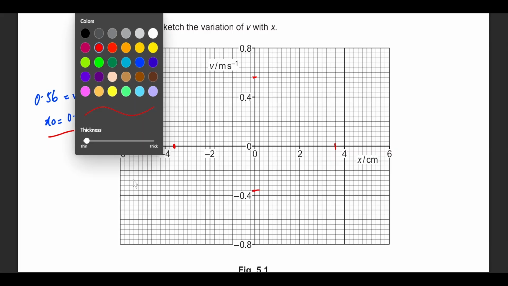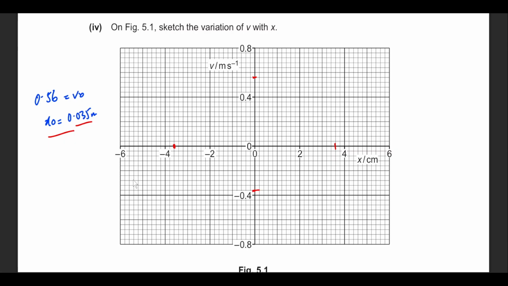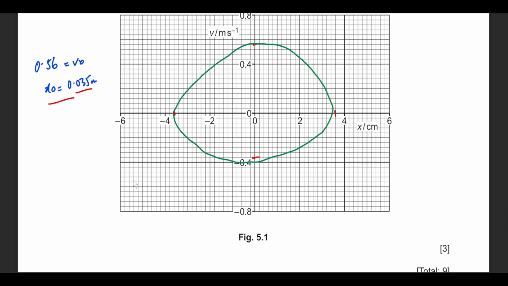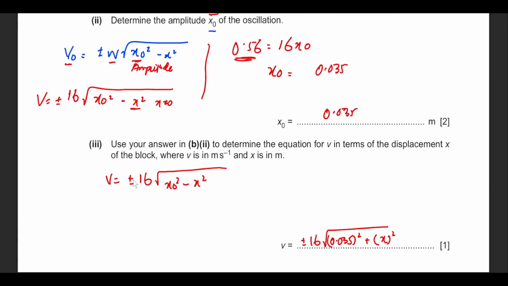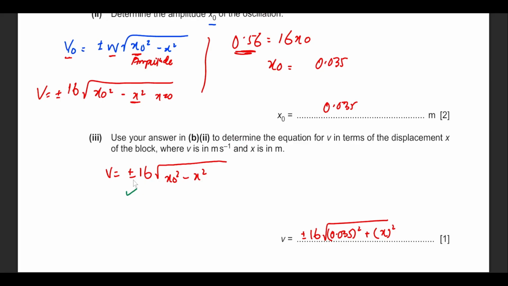So the graph of this situation is going to look something like this. It's like an oval shape, and apologies for my drawing. If you want to find the equation behind this, it is very simple. Since it's with v and x, the current situation is going to look something like this. It is again a nonlinear relationship.